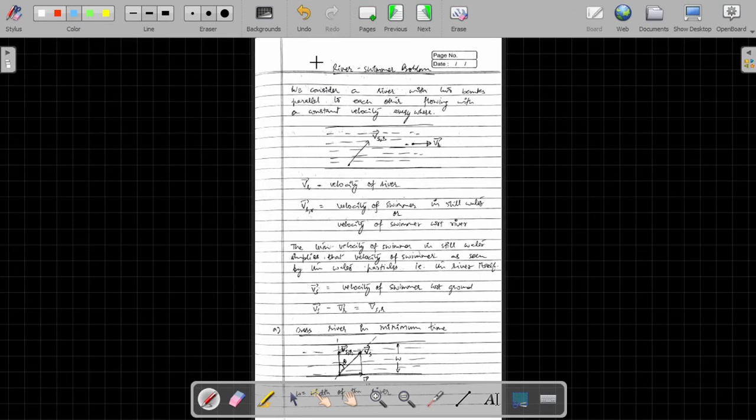So let us begin. As you know, the topic of the river problem involves ideas of relative velocity and its application in two dimensions.